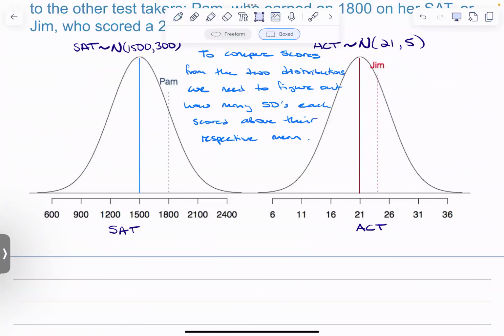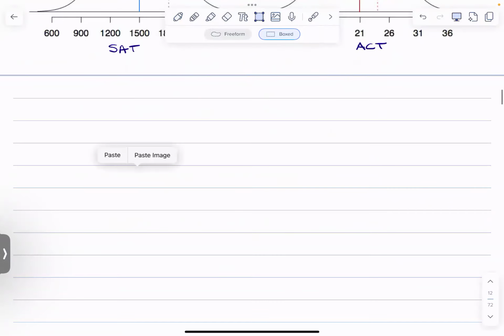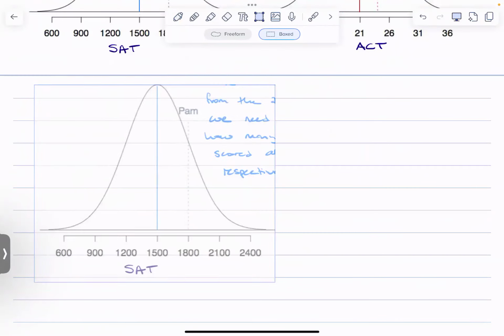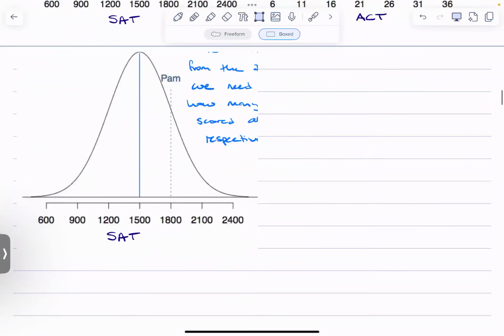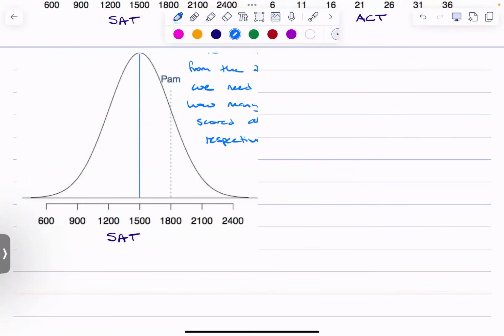Let's focus on Pam. It's going to look weird, but that's okay. Let's just paste it.